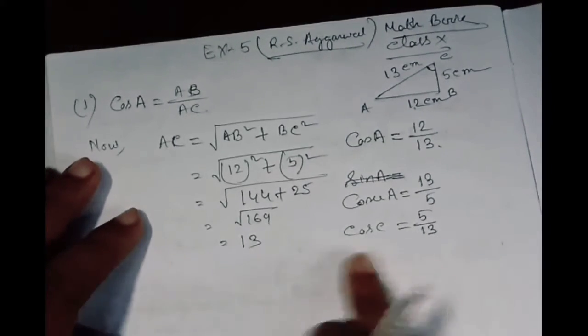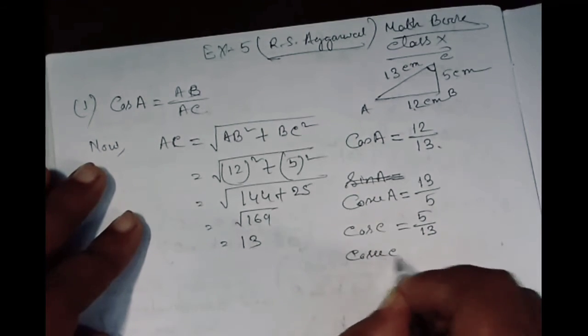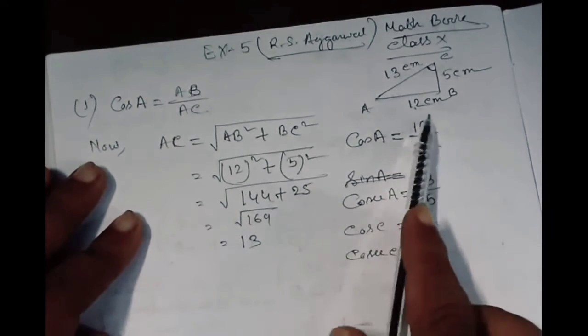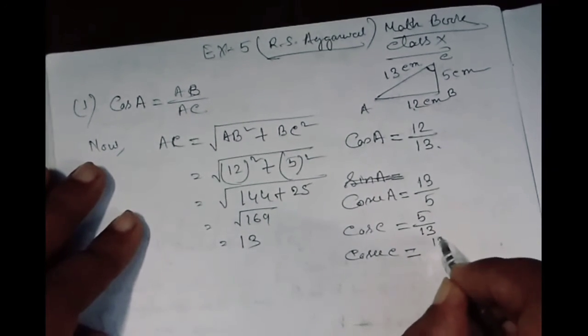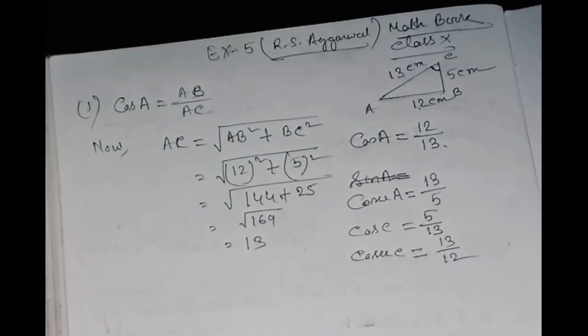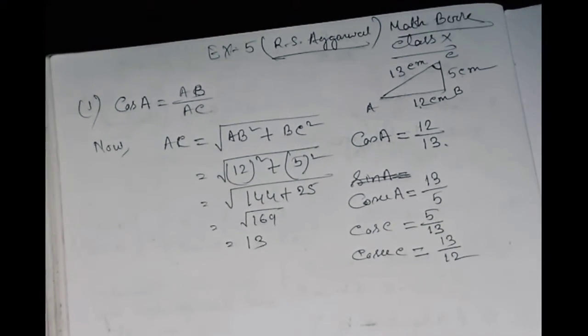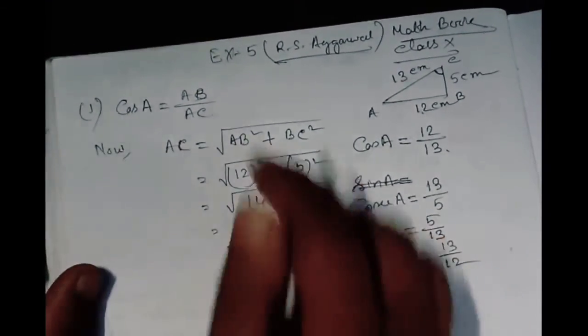This is cos C, and cosec C is equal to hypotenuse by height, that is 13 by 12. Okay, so these are the values. Next, move to another question, and again I am telling you, we are doing exercise 5, not trigonometric identity, this is trigonometric ratio.